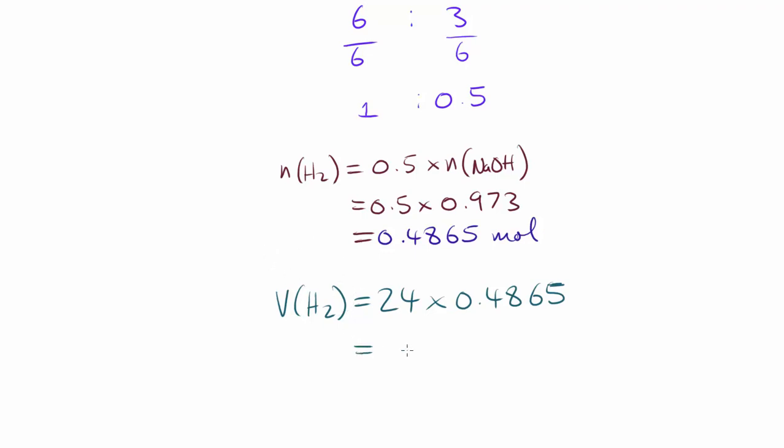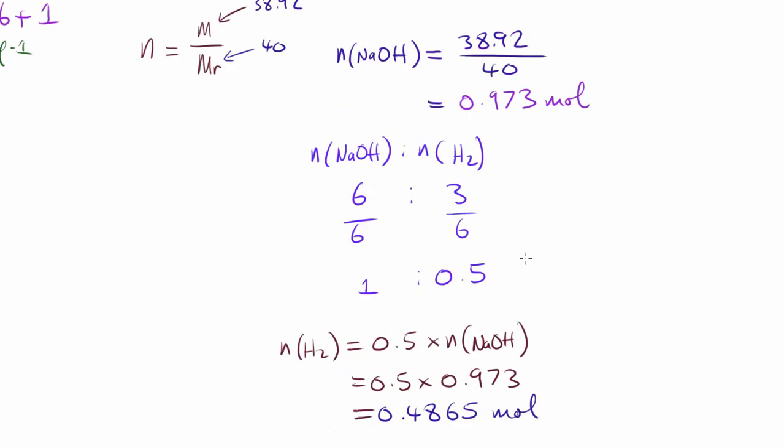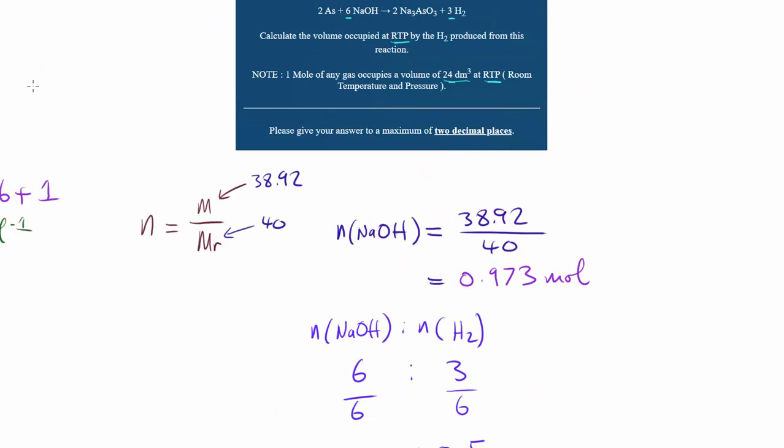And so if you work that out, you're going to get 11.676. Okay, that's going to be in decimeters cubed. Now, this needs to be rounded to 2 decimal places because of what the question asks for.